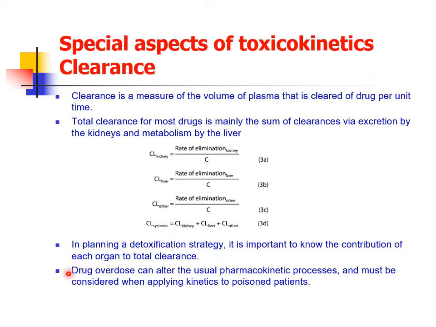Drug overdose can change the usual pharmacokinetic processes and must be considered when applying kinetics to poison patients. Drugs, especially poisons, may injure the epithelial barrier of the GIT and thereby increase absorption.